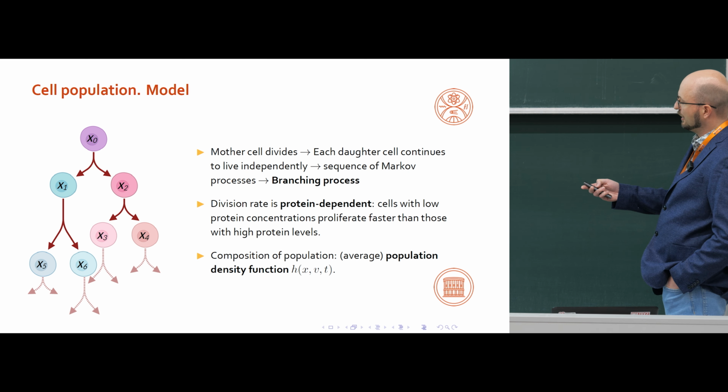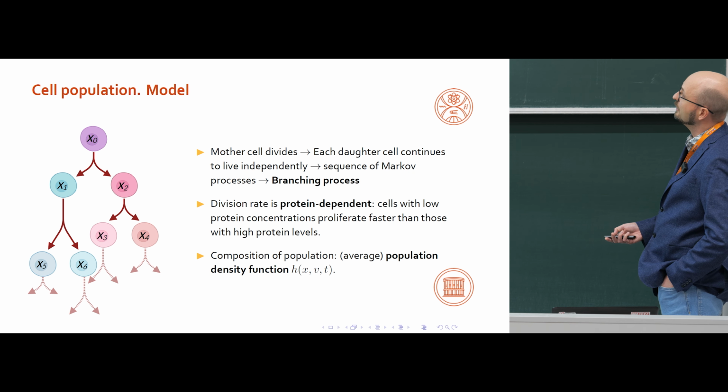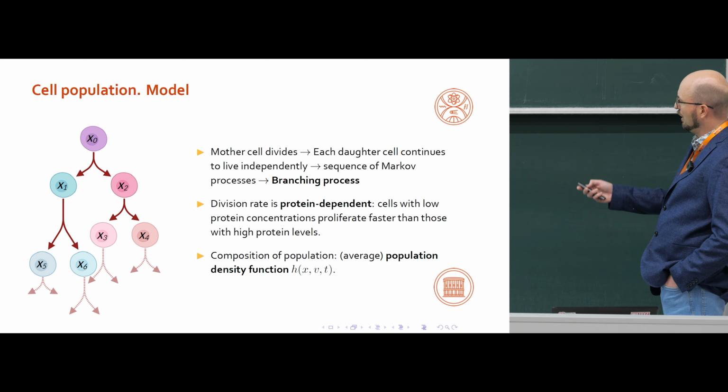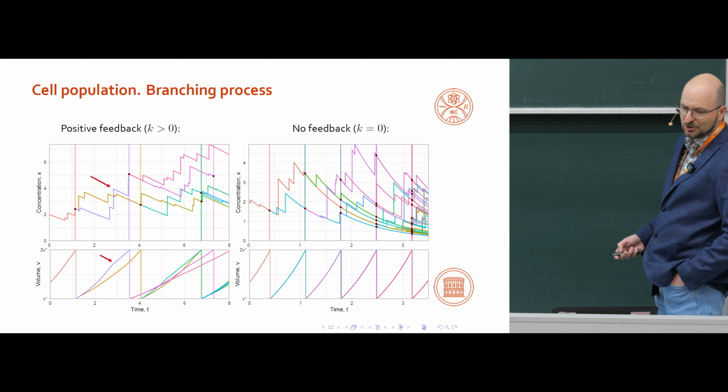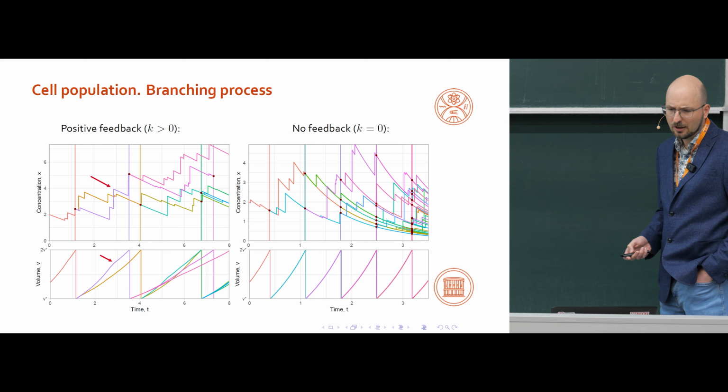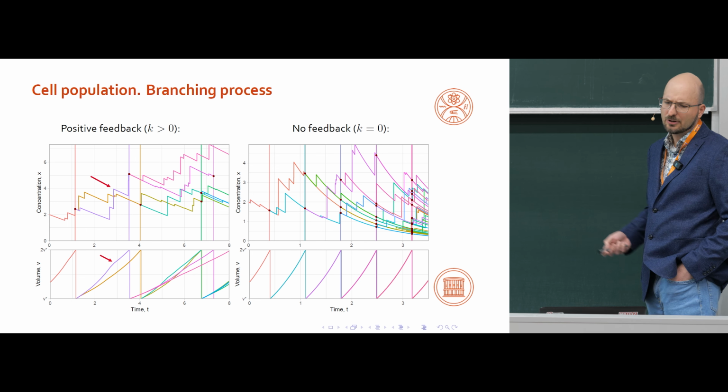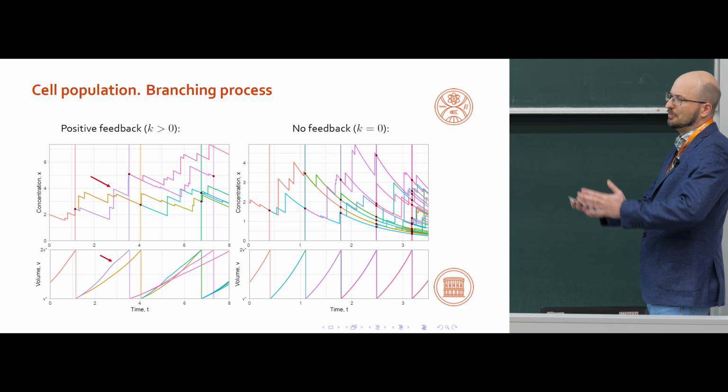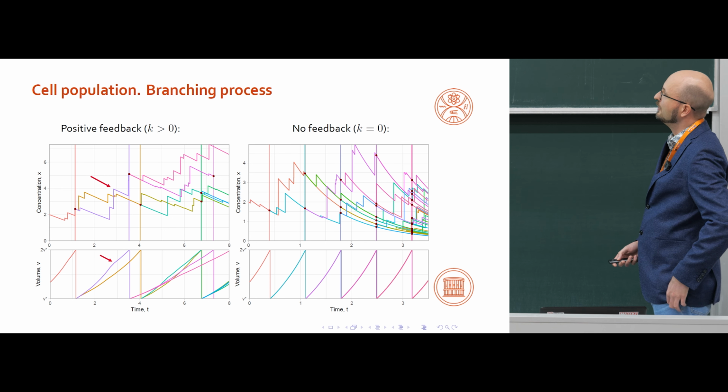Okay, the rest of the assumptions are the same, like the division rate, protein dependent, bursts, and so on. Here are some simulations. We also call it a branching process. Branching because the cells branch into their progeny.